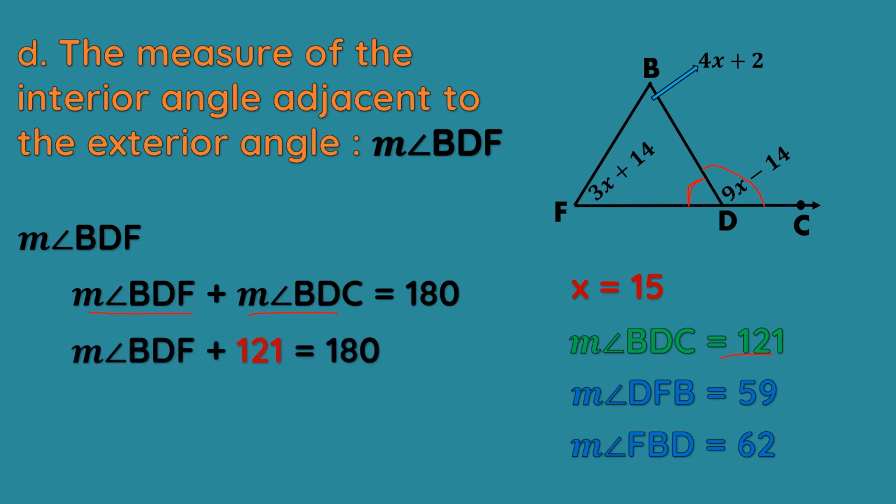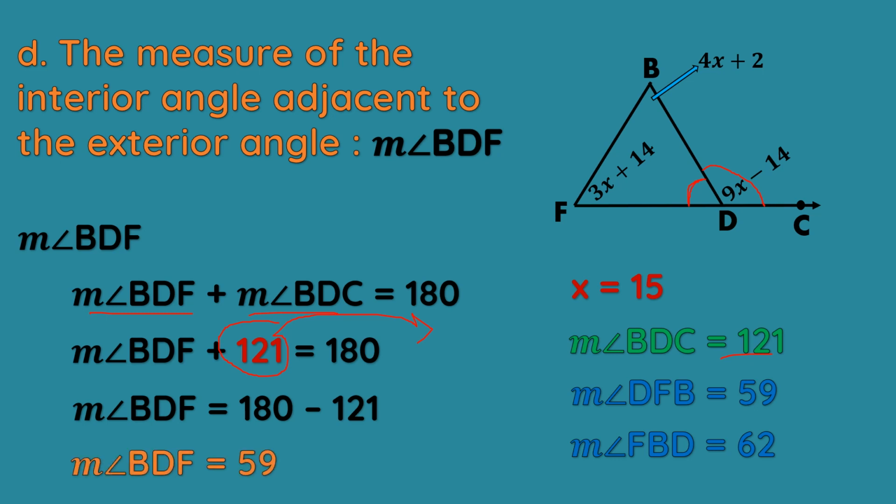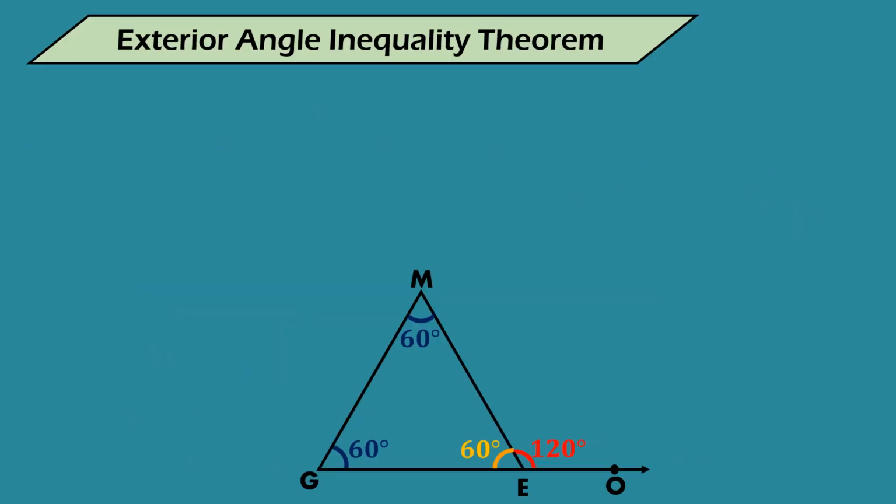By transposition or by addition property of equality, we transfer 121 to the right, it becomes negative 121. So the difference of 180 and 121 is 59. The measure of angle BDF then is equal to 59. The measure of the exterior angle in the given figure is 120 degrees. The measures of the two remote interior angles are both 60 degrees.